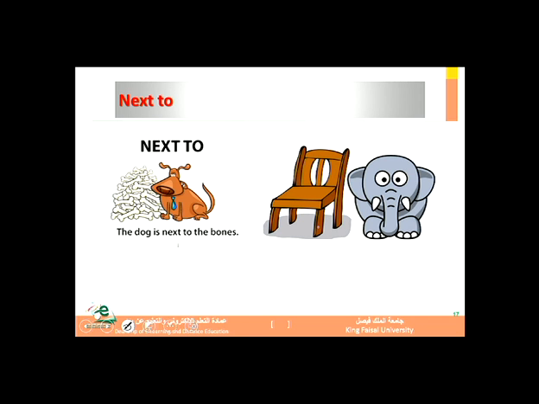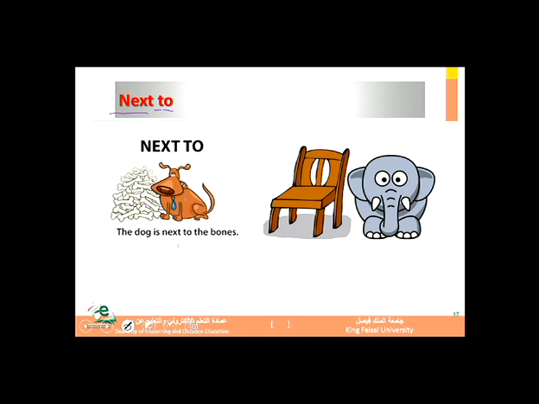Now if you look at this image as well, we are introduced to the preposition next to. This is a little bit different preposition because it consists of two words. If you look at this image, we have a dog and some bones next to this dog.